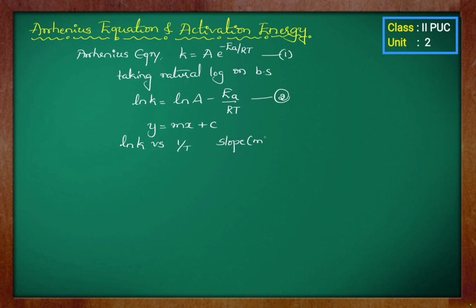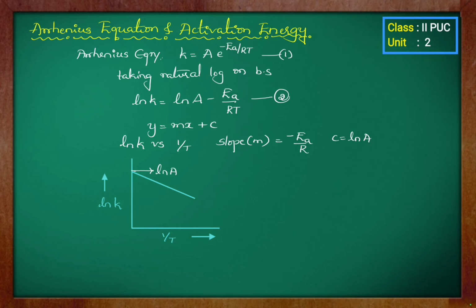Here m, that is the slope, will be equal to minus Ea by R, and the intercept c is ln A. So from the slope, we can calculate energy of activation, and from intercept, we can calculate the value of A.